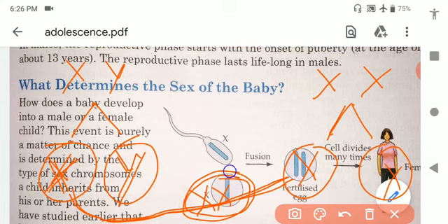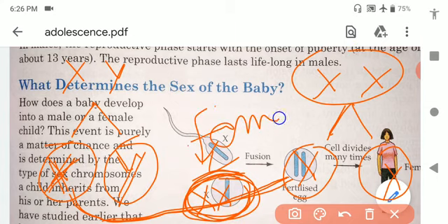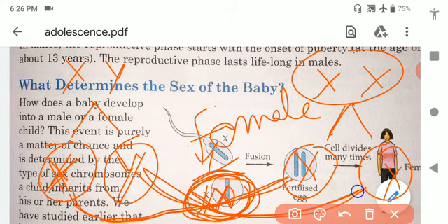So you can see here a pair of X comes over here. When it is XX, she will be female, meaning this baby will be female because this baby contains double X chromosome. Understood? But when this Y meets with this X, in that condition it becomes XY and the baby becomes male.